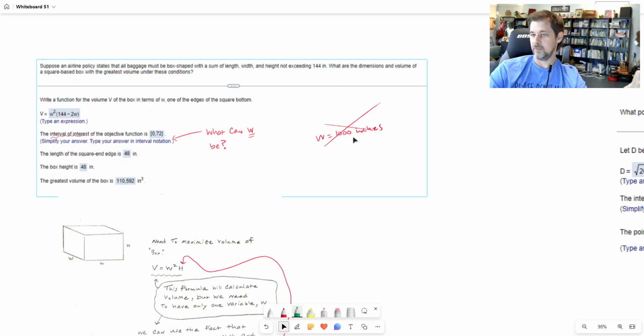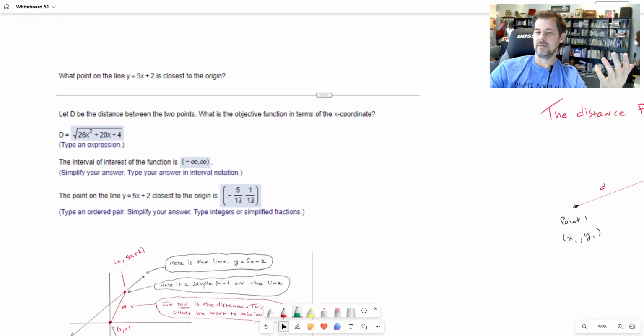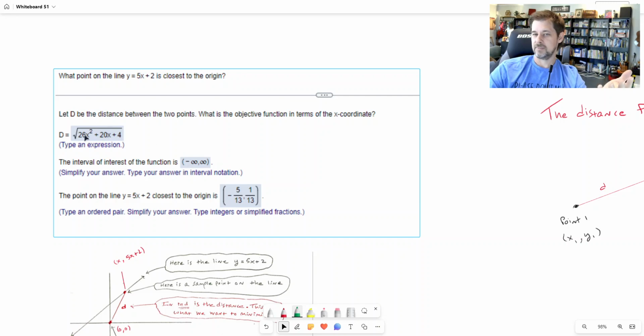So how could the width be 1,000 if when you add all the sides together, you can't even be more than 144? So obviously there are some limits, all right? And we came up with the limits in this question. So that would mean the same thing over here. It'd mean what are the possibilities for the x coordinate.